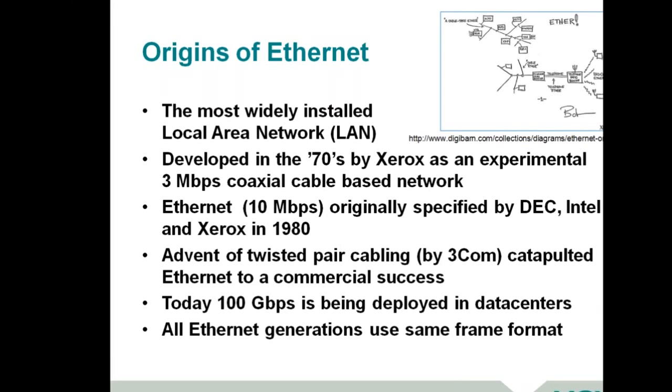Looking back, it's kind of funny that it was only 3 megabits as its first approach to the marketplace, and then jumped to 10 megabits per second, with a real first commercial push with that.